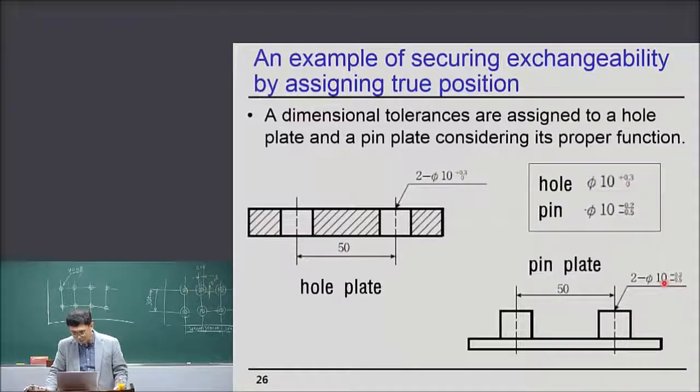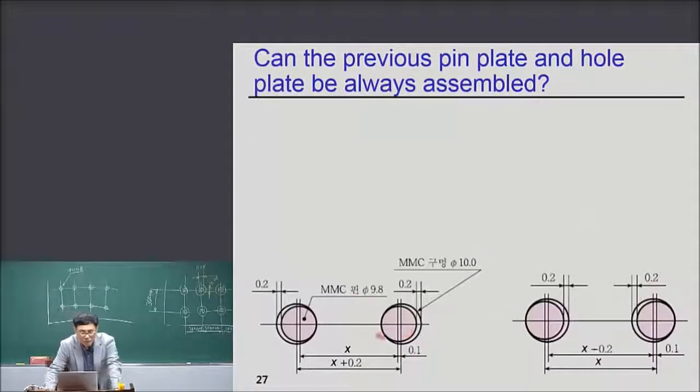Maximum size, so 10 minus 0.2, so 9.8. Now this is the MMC pin, 9.8, the pink area, and this is the MMC hole. Sorry, the English is missing here. This is 구멍, which means hole, and this is the pin. So the MMC hole is here, 10.0.